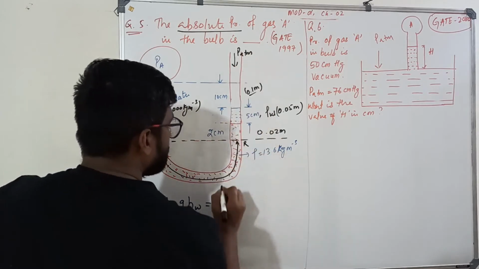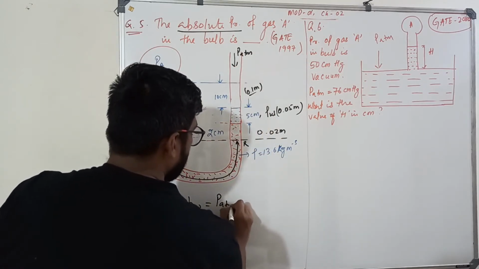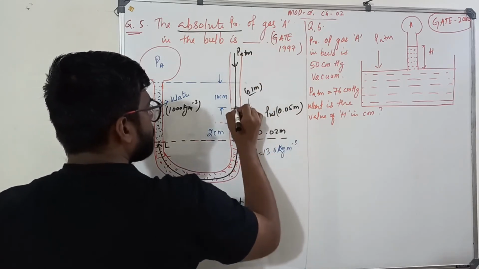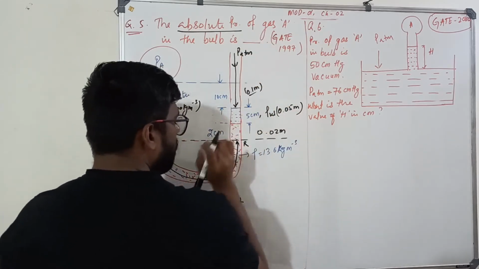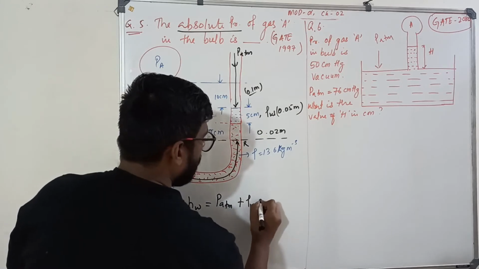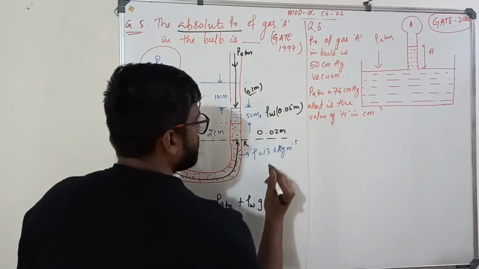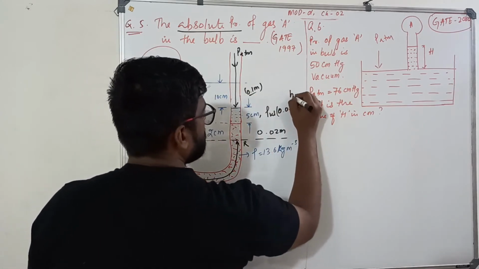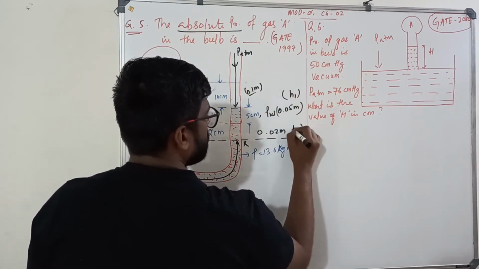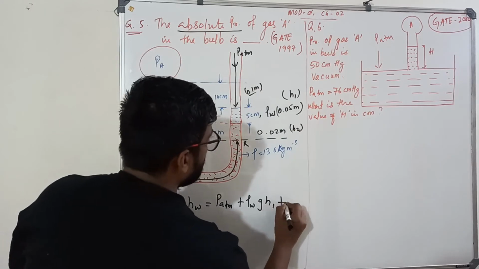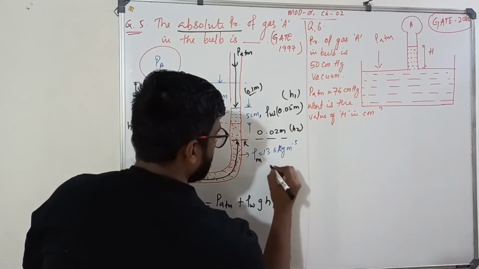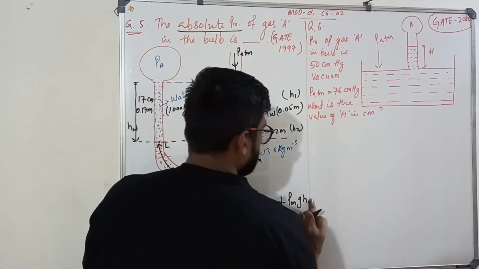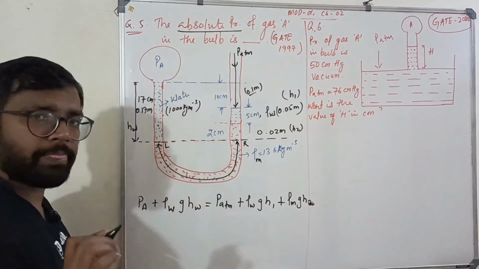On this side we have P atm, atmospheric pressure, till here. Then here you have water again, that is rho water g into h. Let me take this as H1 and this as H2. So rho g H1 plus density of the manometric fluid rho M g H M, or H2. Okay, very good.